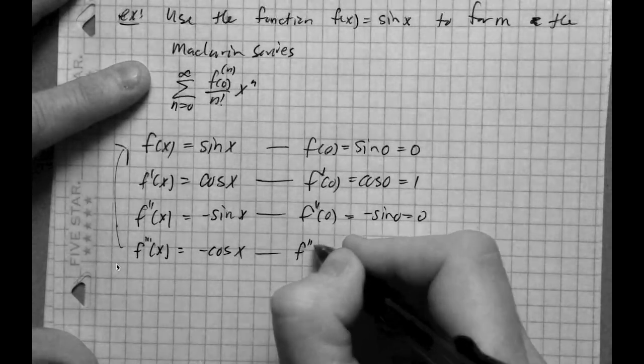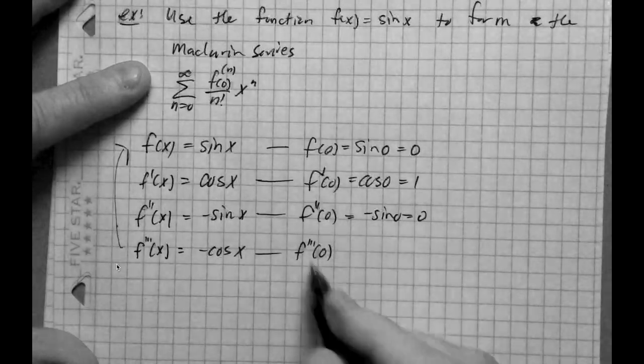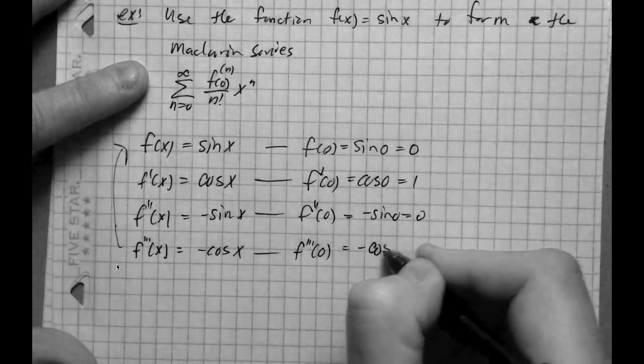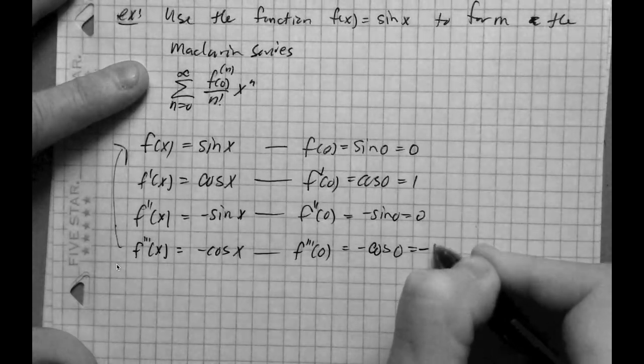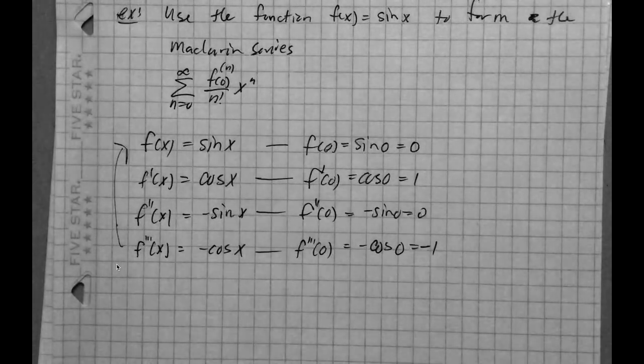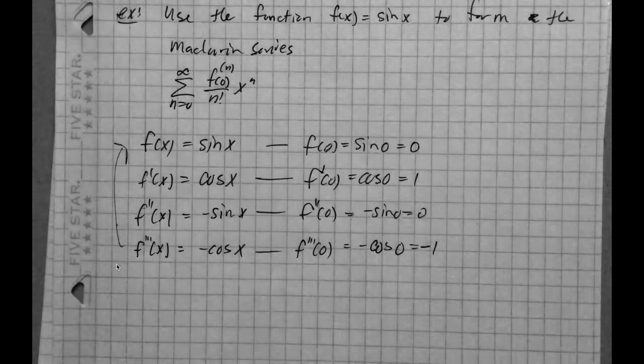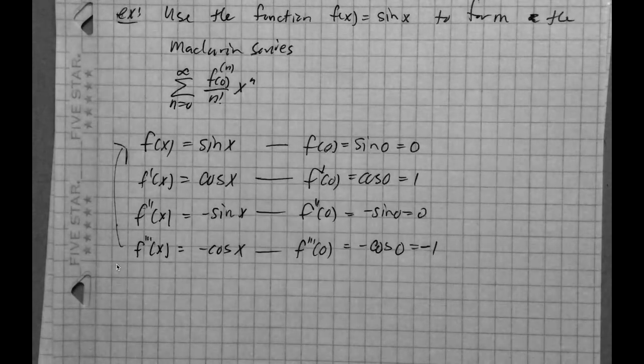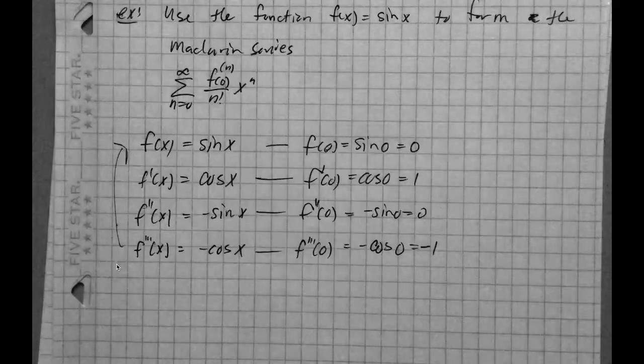And the third derivative, f triple prime of 0 is equal to negative cos 0, which is -1. Okay. So the pattern of the series, the coefficients appear to be 0, 1, 0, -1, 0, 1, 0, -1, right? So that's going to be the pattern as the derivatives increase. That's the piece we need.